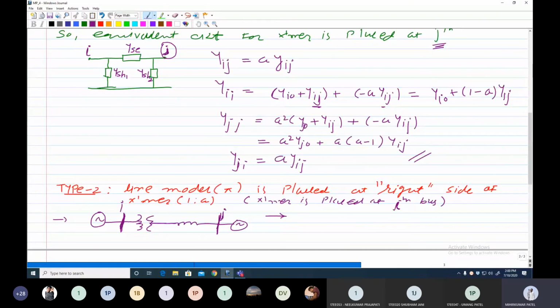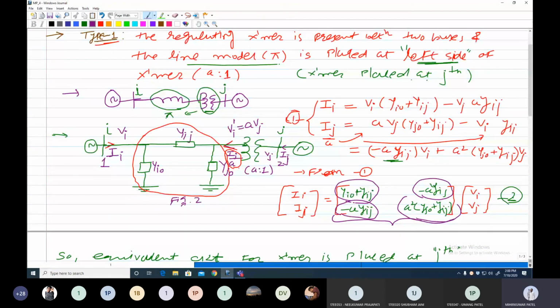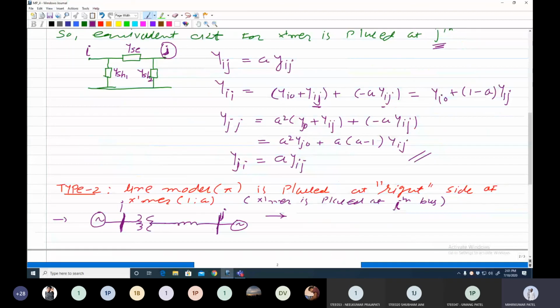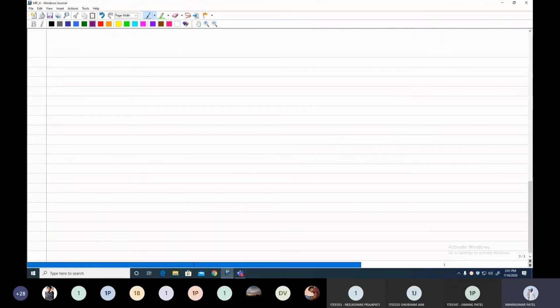I'm not going to draw this network again. Here the change is that the transformer is now at the ith bus, and our pi model is located at the right side of our transformer. So, can anyone help me write down directly the matrix for the case type 2?